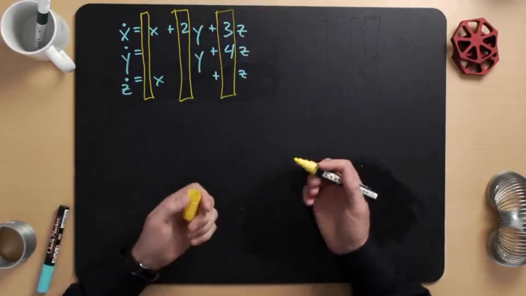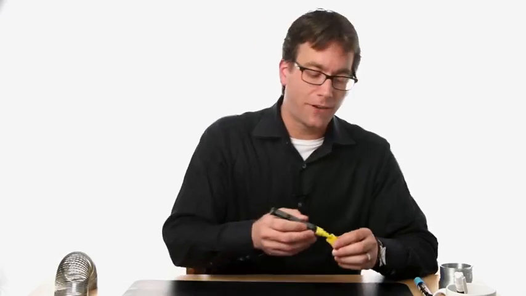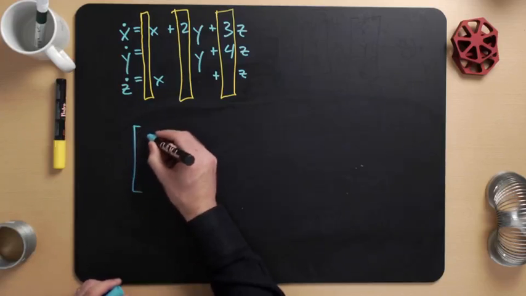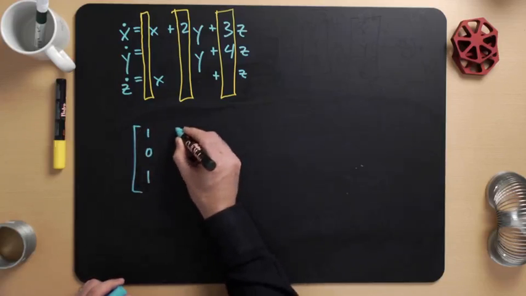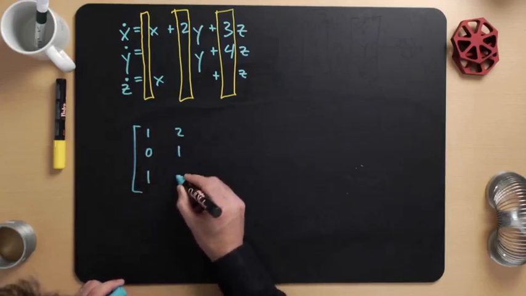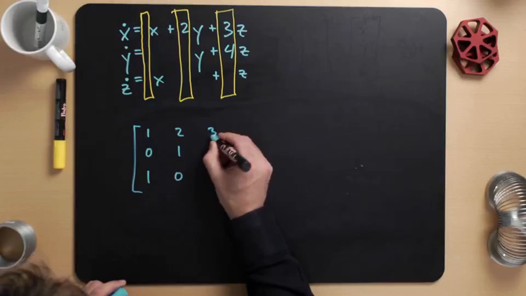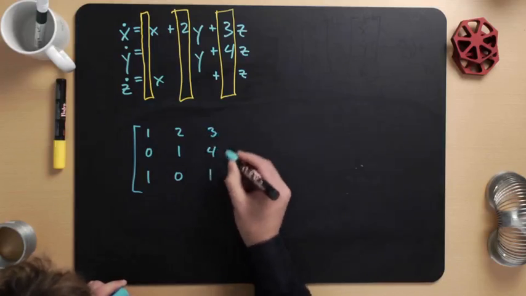It's reasonably easy to figure out what A should be. In particular, if I choose A to have the columns that I just put rectangles around, I can have A be equal to 1, 0, 1, 2, 1, 0, 3, 4, 1.